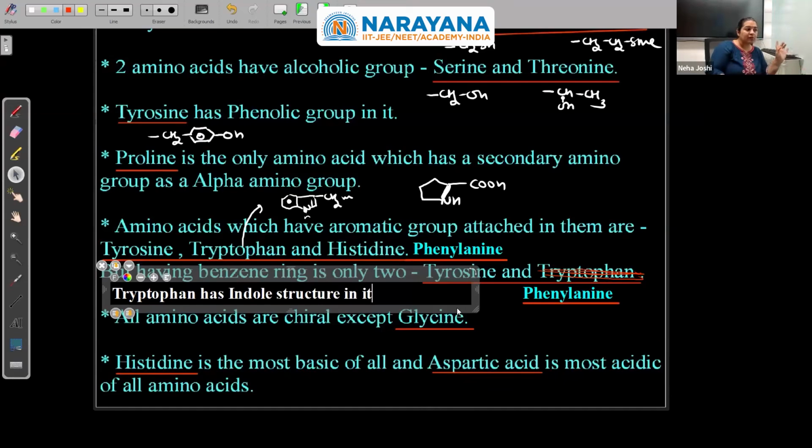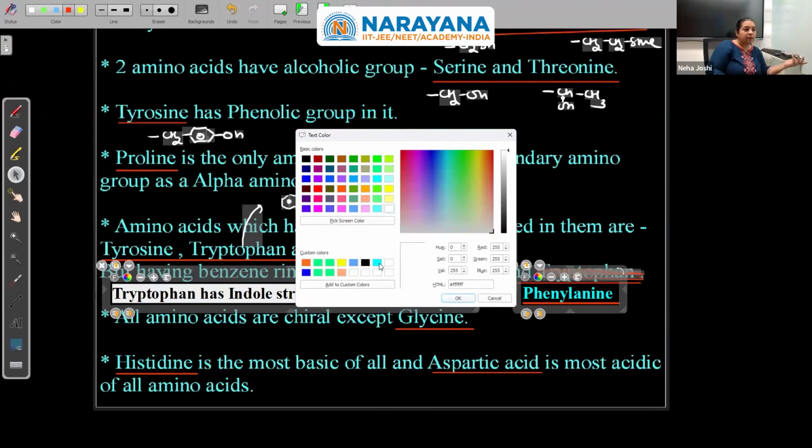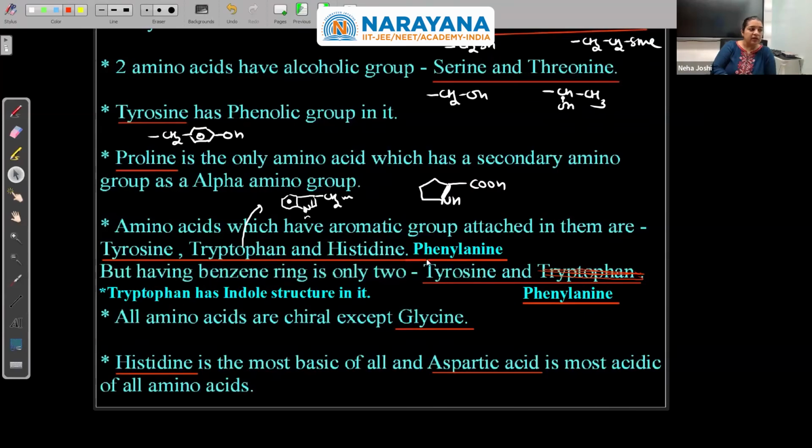So I cannot call it purely benzene. I can't call it absolutely a benzene structure. Is that clear now? Why I didn't want it to be there in that list. Is that perfectly fine to all of you? Right? So I'm adding this line here, and now it will be there, has indole structure in it. Yes, it is aromatic, but it does not have simply benzene, we can't say that, it is indole.